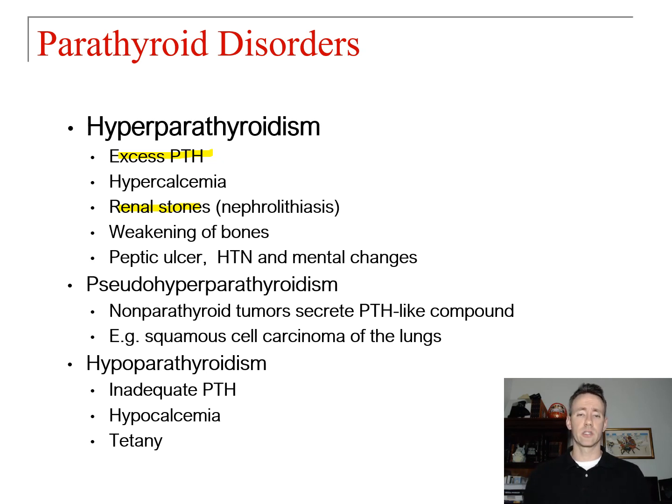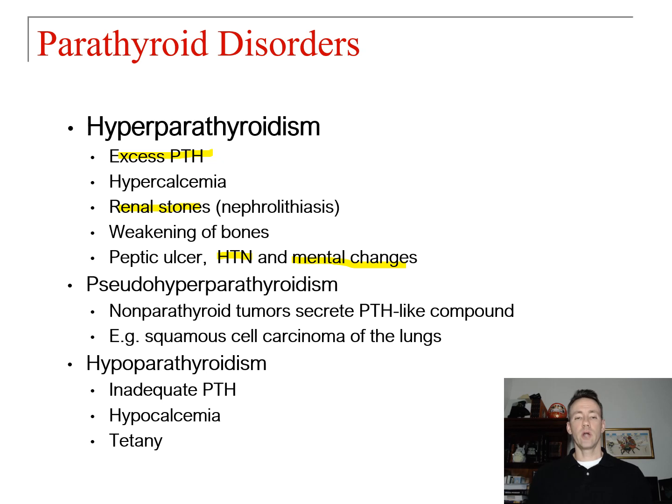It's been shown to cause things like peptic ulcers, constipation, and polyuria, actually. With polyuria, we have increased free calcium levels in the nephron itself, which tends to attract more water, becomes more osmotic, and can increase the urine output. Increased levels of calcium in the blood can lead to hypertension, more smooth muscle contraction, and again, mental changes, which you can see here.